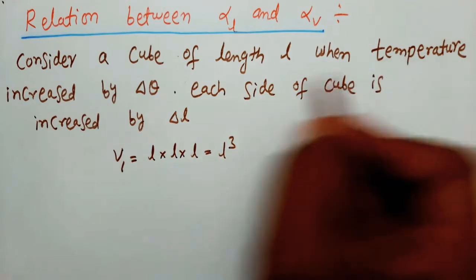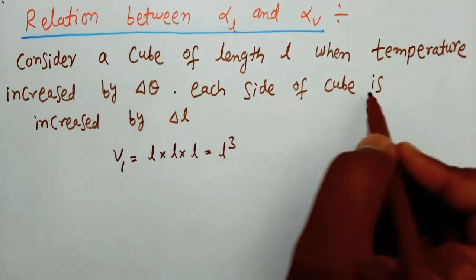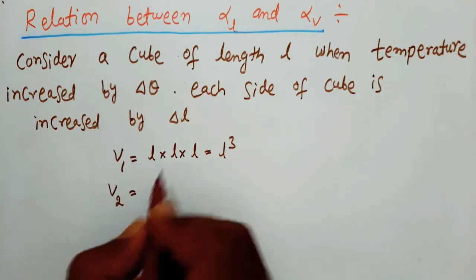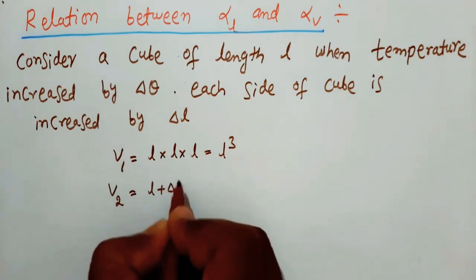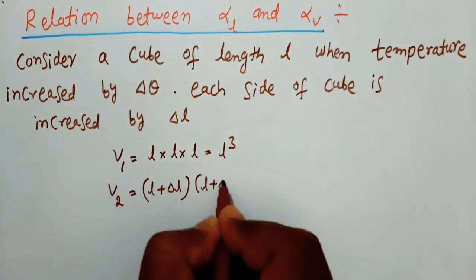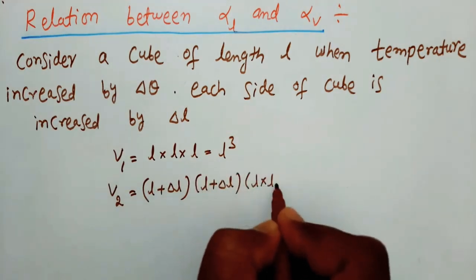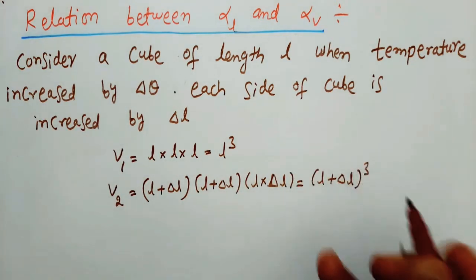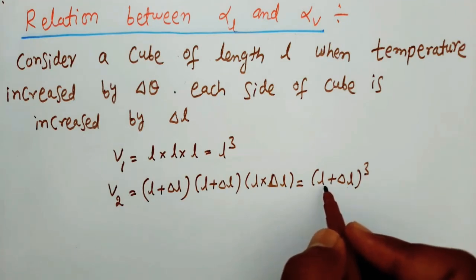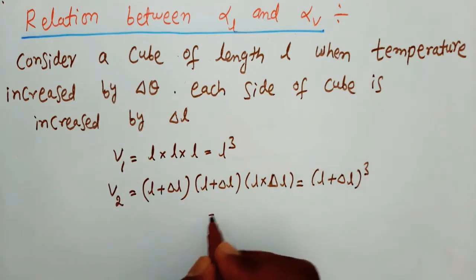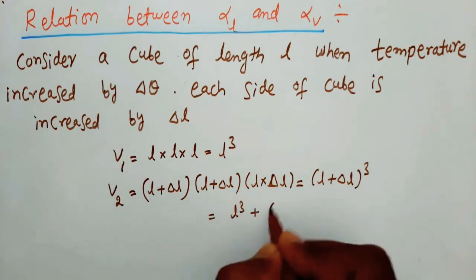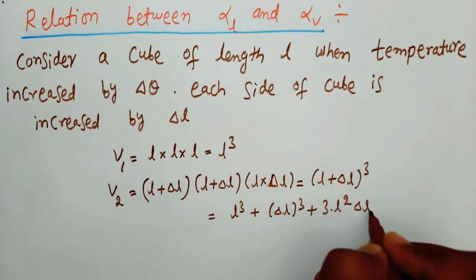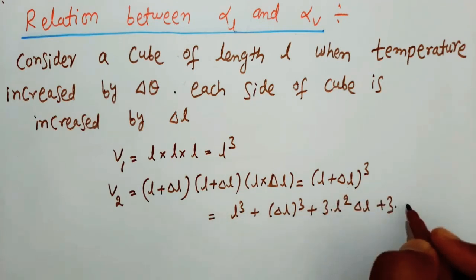Due to temperature increase, each side of cube is increased by del L. So final volume is L plus del L into L plus del L into L plus del L, that is L plus del L whole cube. It is in the form of A plus B whole cube, that is A cube plus B cube plus 3A square B plus 3AB square.